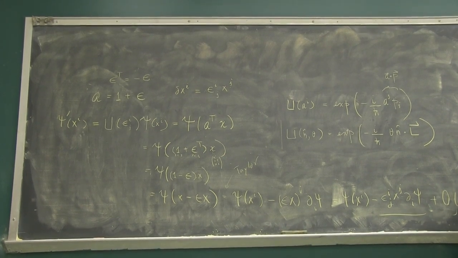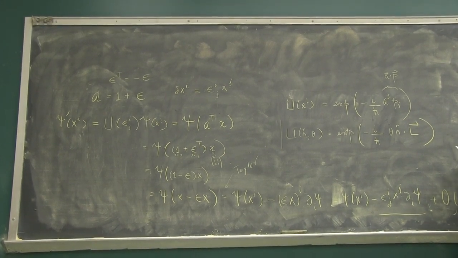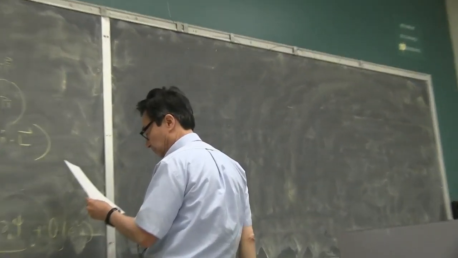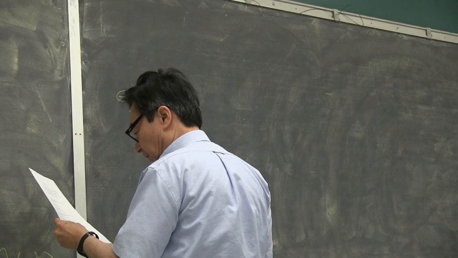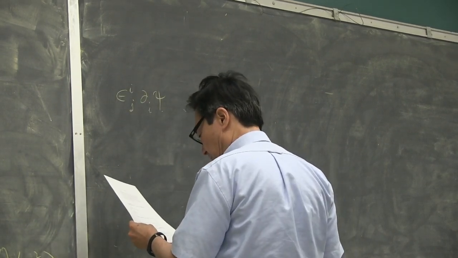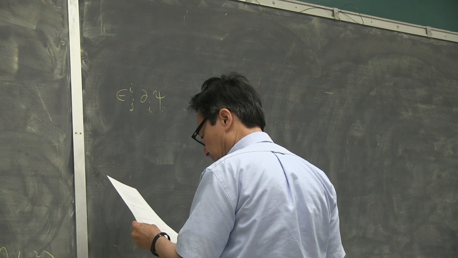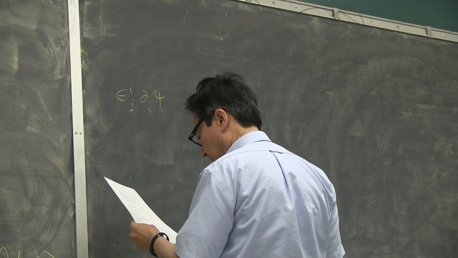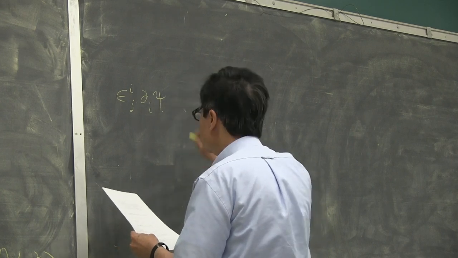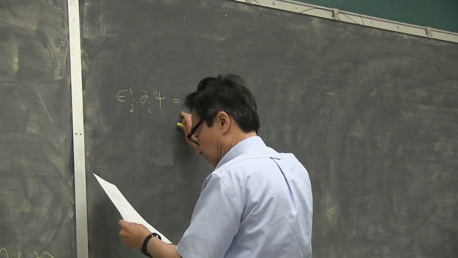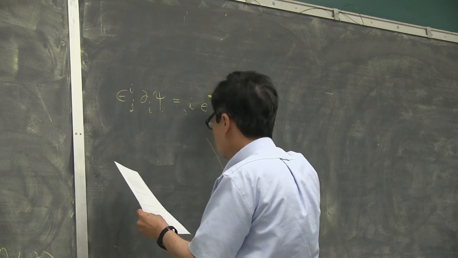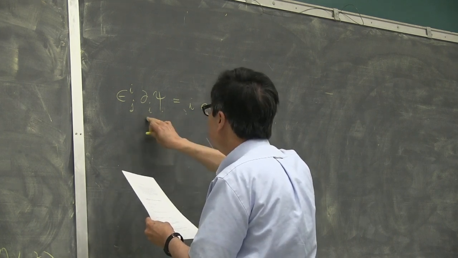Epsilon_ij d_i psi. I'm going to write this by sticking in the h bar, so I'm going to write this as i epsilon, sticking in the p rather.